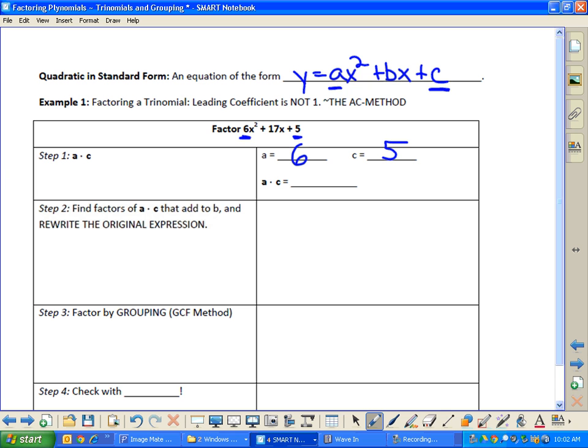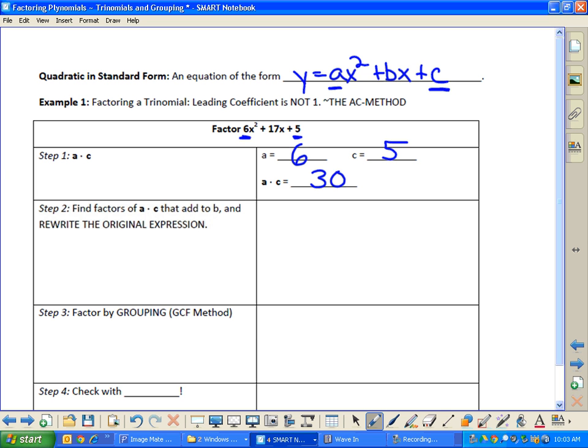And in step 1 of the AC method, you multiply A times C. So A times C for us is going to be 6 times 5. 6 times 5 is a product of 30. In step 2, I then have to ask myself, what are the things that multiply to give me 30, but then add to my B value?